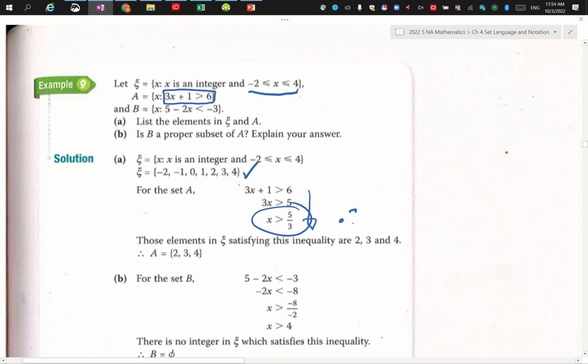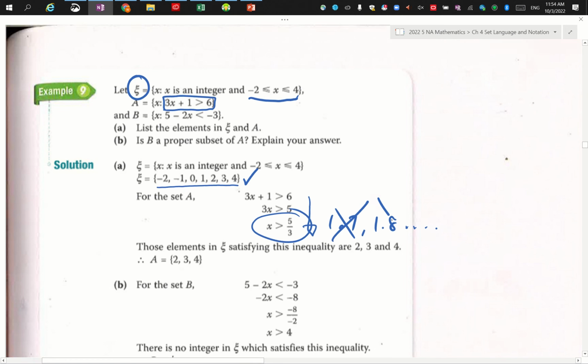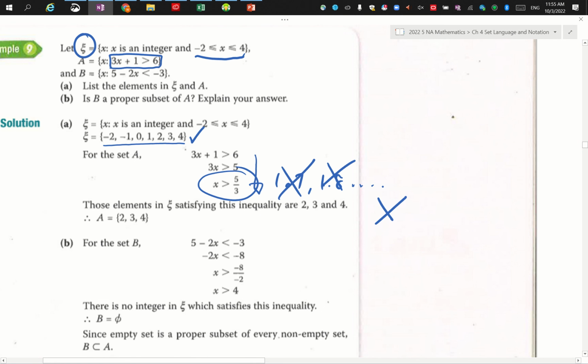I've got 1.7, 1.8, and so on and so forth. However, you have to recognize the universal set. The universal set only contains from -2 up to 4 only. The universe only has -2, -1, 0, 1, 2, 3, and 4. I cannot have 1.7. I cannot have 1.8. I can only choose from the universal set. So based on that, I only have 3 options: 2, 3, and 4.